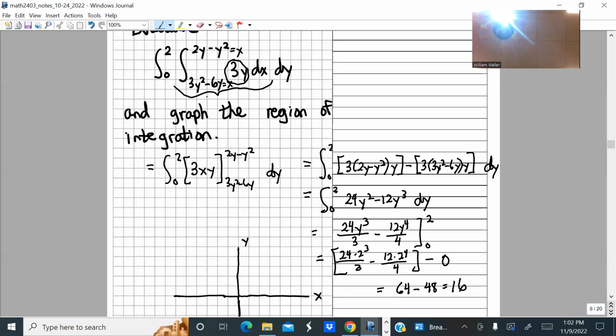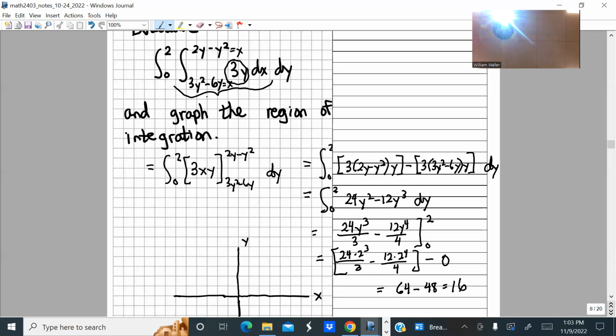I think it's going to open to the left, along the x-axis. And then the other one, since you have y squared, opens to the right. So you're going to have a parabola opening to the left and a parabola opening to the right. Notice that's going to enclose a region.